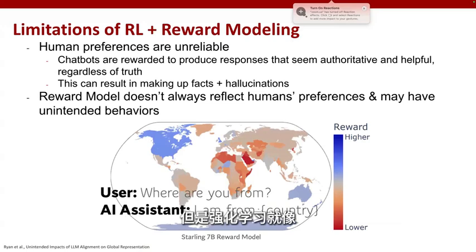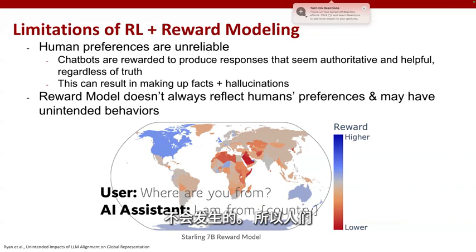But reinforcement learning and preference fine-tuning doesn't always work as intended, because human preferences are unreliable. For example, if you ask a labeler to label your prompt and answer pairs, people will not take half an hour looking at the whole response. That's not going to happen.